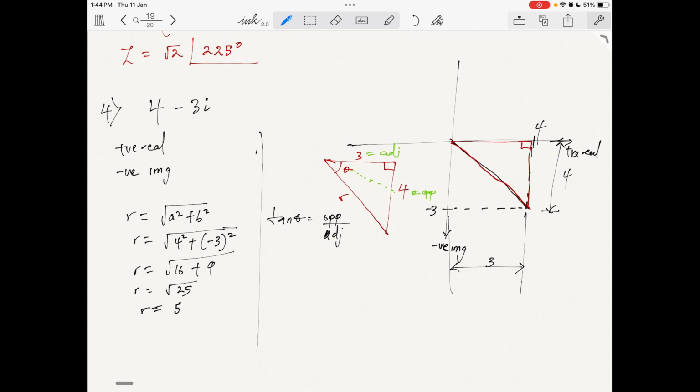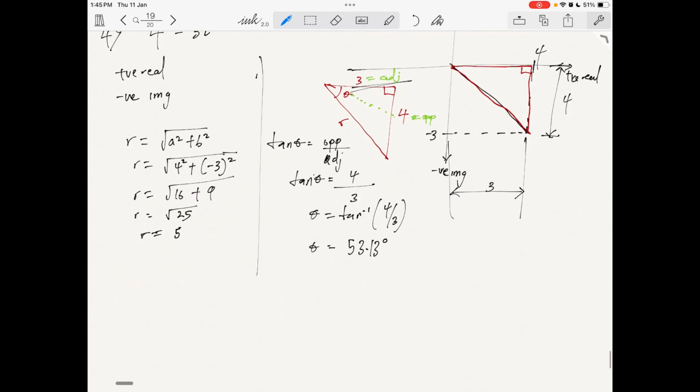So in that case, our tan theta is equal to opposite of 3 over adjacent of 4. Or going straight to theta, theta is equal to arctan 3 over 4, and arctan 3 over 4 will be equal to 36.87 degrees.